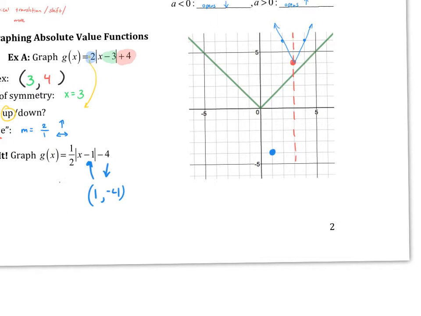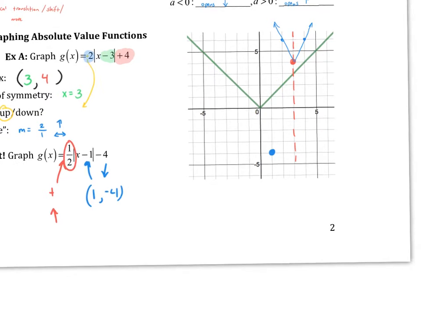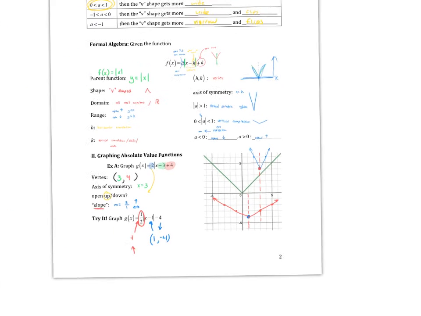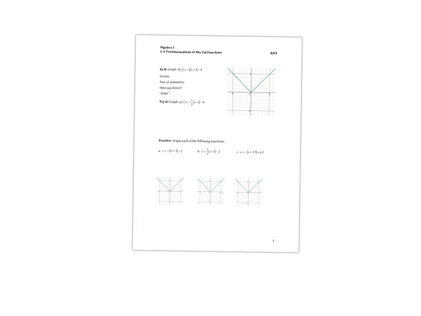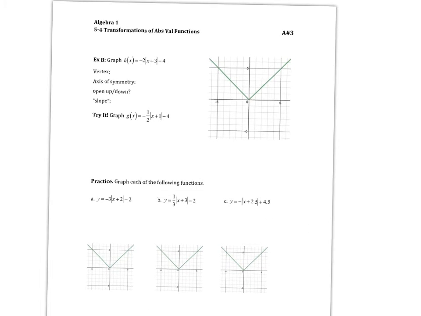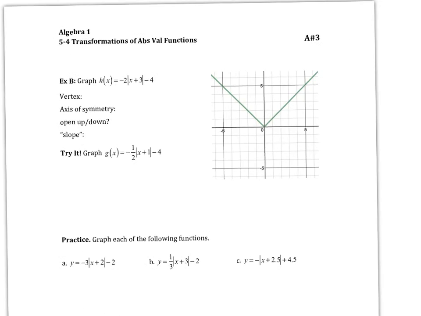Because that's positive right there, we know that it opens up, and 1/2 means I'm going to go up 1, right 2, up 1, right 2, and up 1, left 2, up 1, left 2. Here's my axis of symmetry right there. So all I do is connect the dots like so. And there we go. All right, on the next page here, I'm going to do another one, and then you can practice graphing even more.